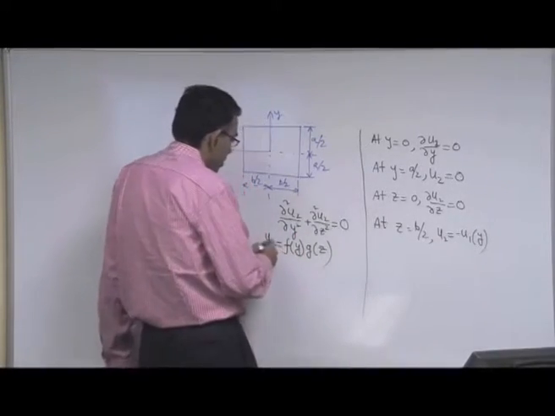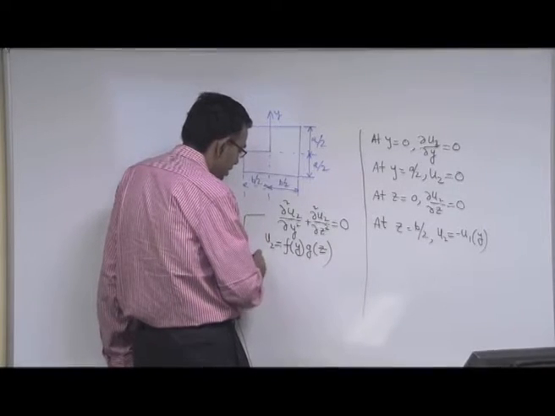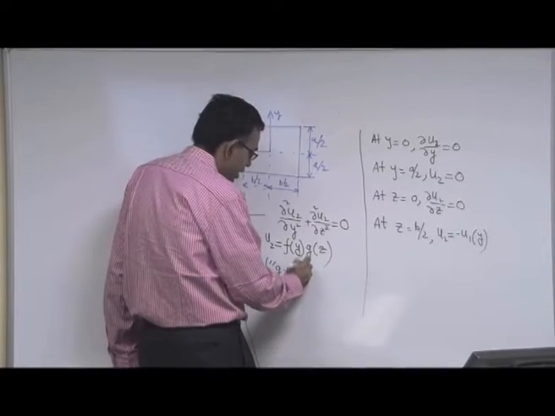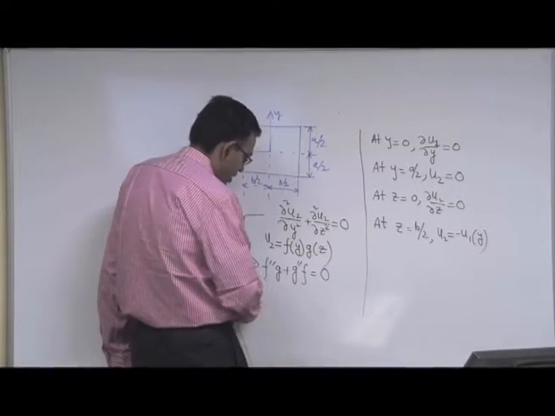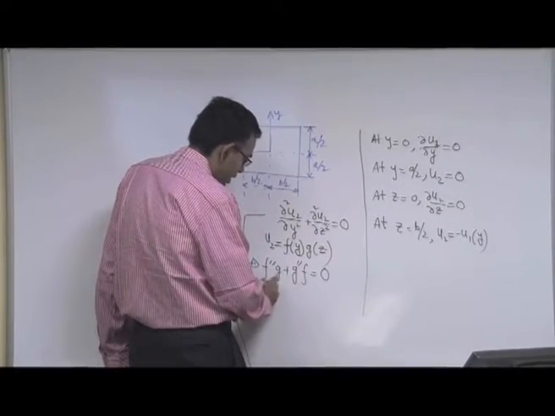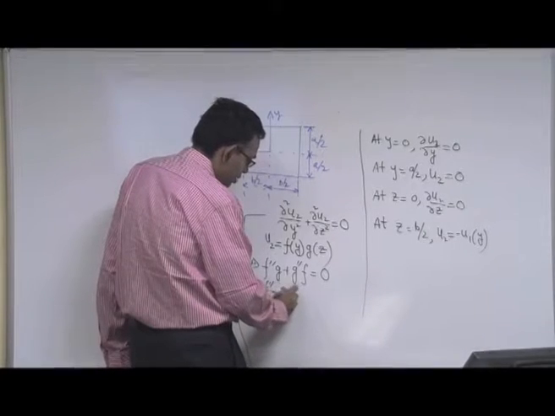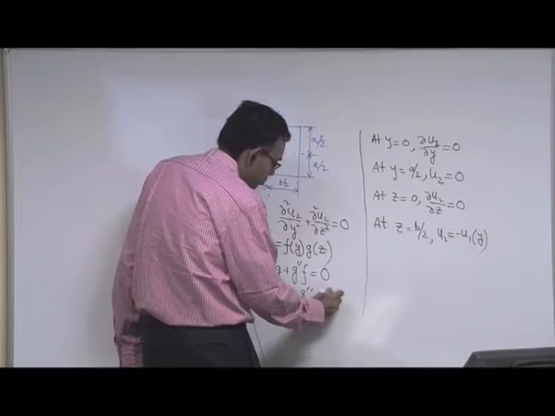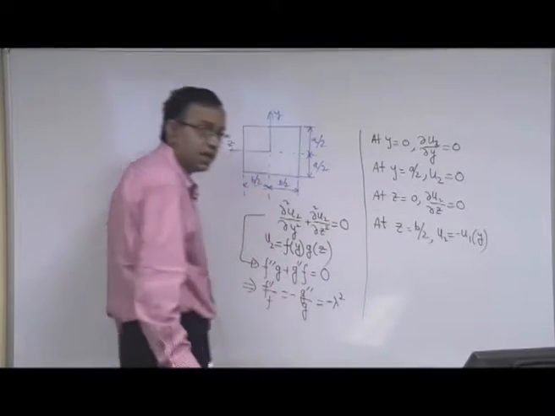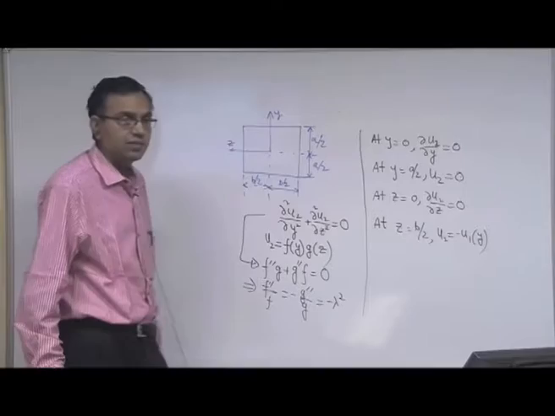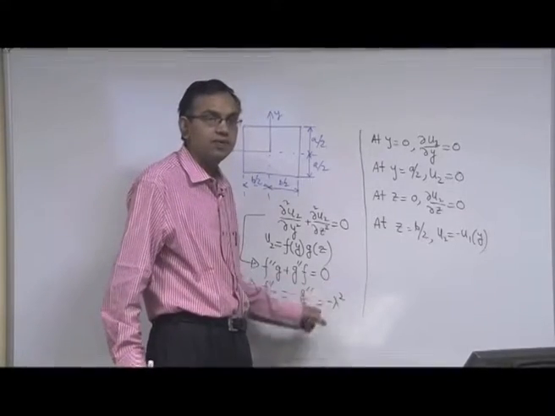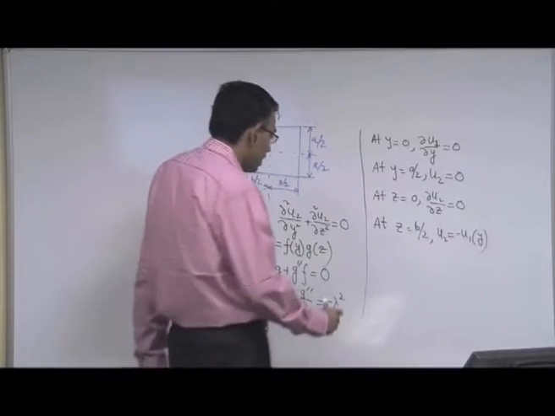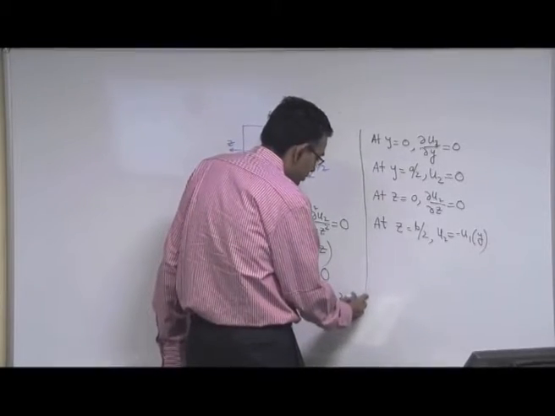So that means you will get from this equation f double dash g plus g double dash f is equal to 0, and f double dash by f is equal to minus g double dash by g is equal to, yesterday in the previous lecture we discussed that this has to be a negative constant to satisfy the boundary condition. So that is equal to minus lambda square say.